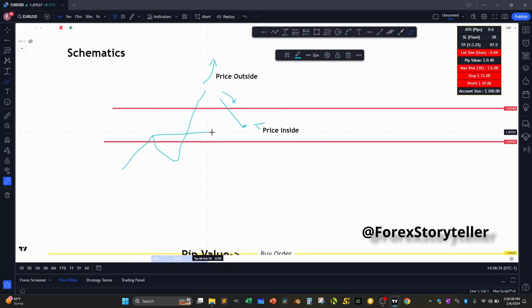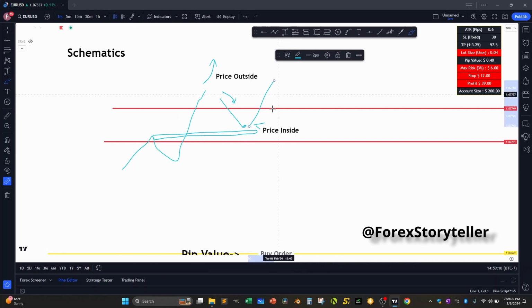So if you're seeing this as a support level or a support zone, however you would like to look at it, you would have to add a long position here, the same as you would if price were to continue outside, because both of these positions in the price inside situation are in drawdown. This would be negative 15 pips, and that would be negative 15 pips, for example, if we're in the middle, which is about your strongest position to act from if you can take action.